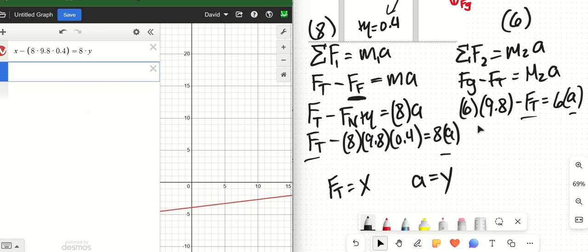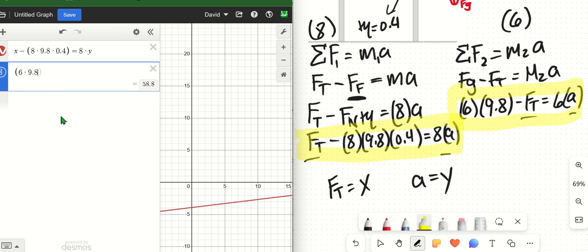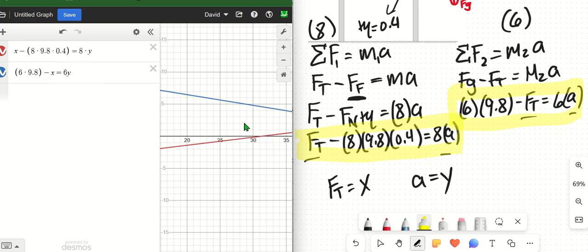Okay, so now I'm going to type in my other equation. I'm using this equation right here, and I'm changing my force of tension to X and my acceleration to Y. So for this one I get 6 times 9.8 minus force of tension, we're calling that X, is equal to 6 times Y. And now what I want to do is find where these intersect.